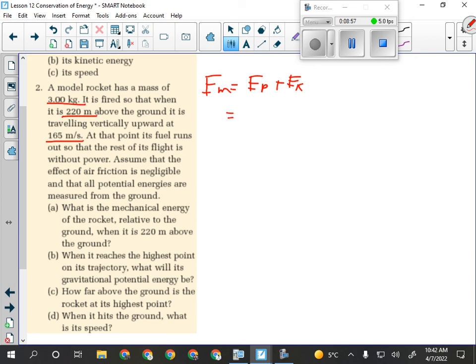All right, so I'm going to go m times g times h plus 1/2 mv squared, so that'll be 3 times 9.81 times 220 plus 1/2 times 3 times 165 squared.